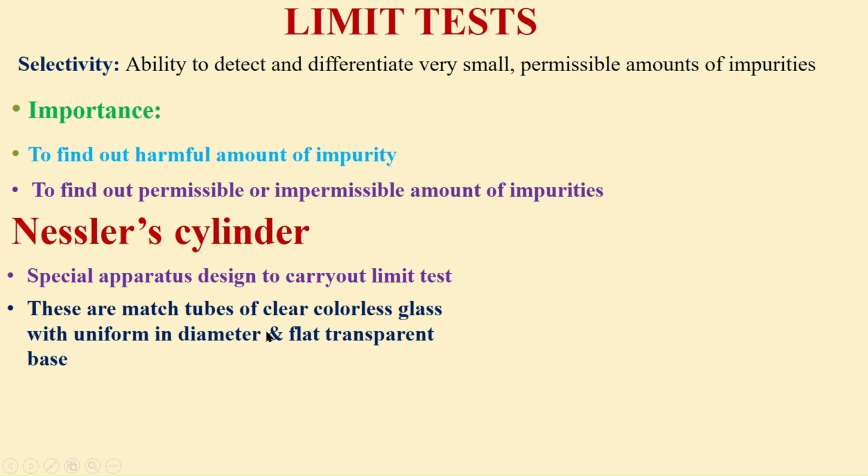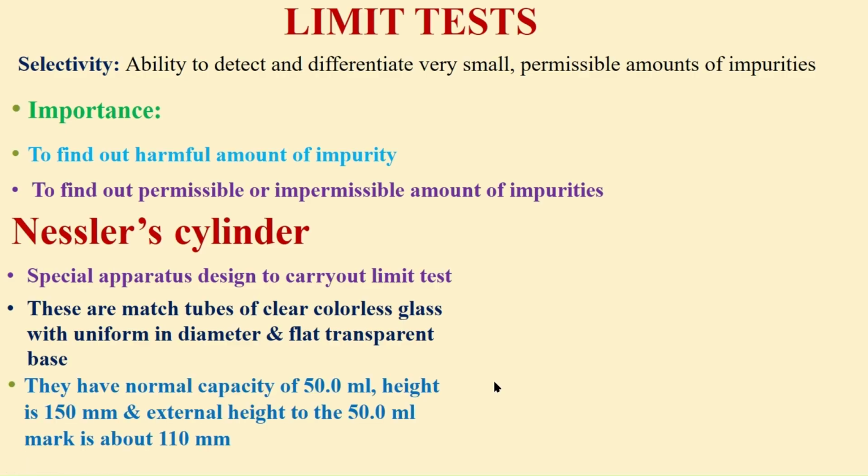These tubes are uniform in diameter and have a flat transparent base. The capacity of this Nessler cylinder is 50 ml. The length of the Nessler cylinder is 150 millimeter, and it has two marks, one at 25 ml and another at 50 ml.